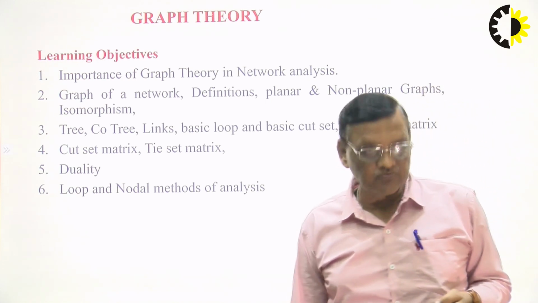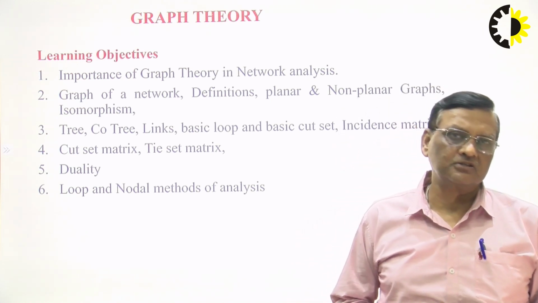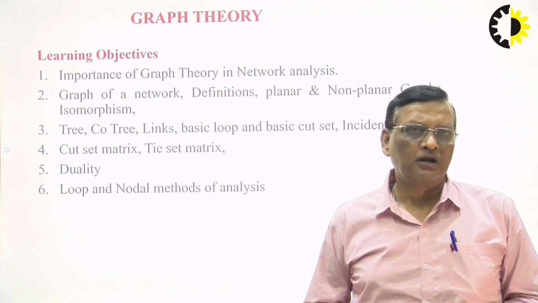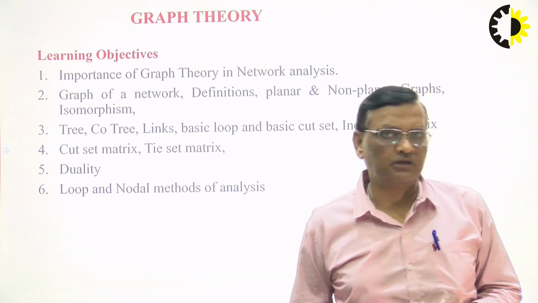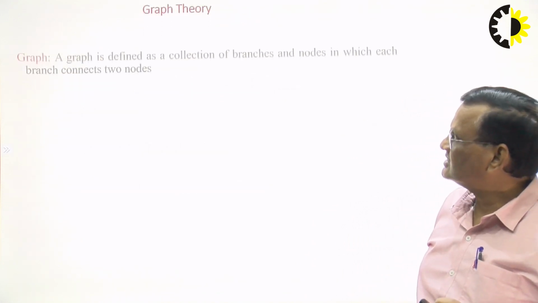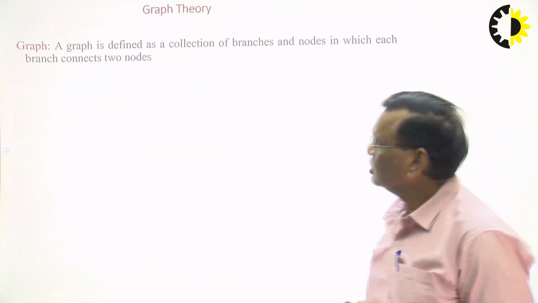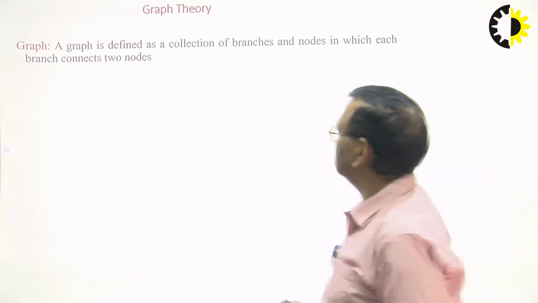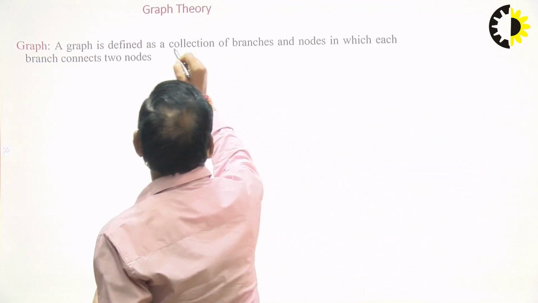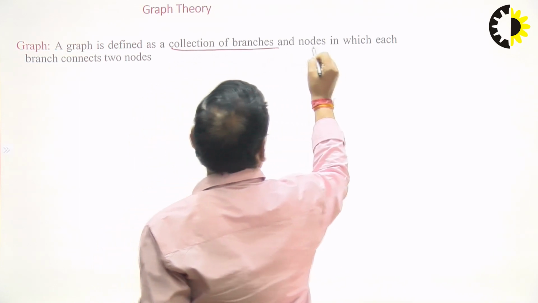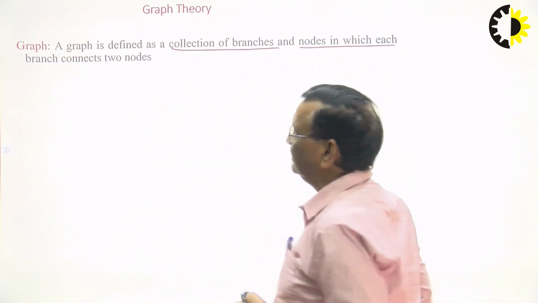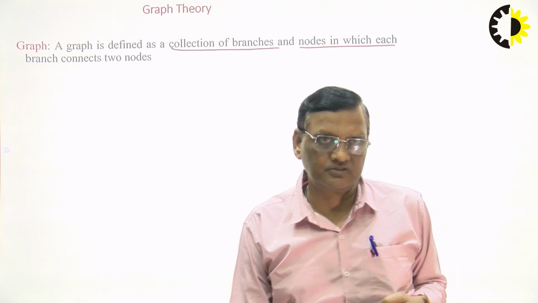First and foremost, we discuss some terminology that we will use in graph theory. First, what is a graph? A graph is defined as a collection of branches and nodes in which each branch connects two nodes.